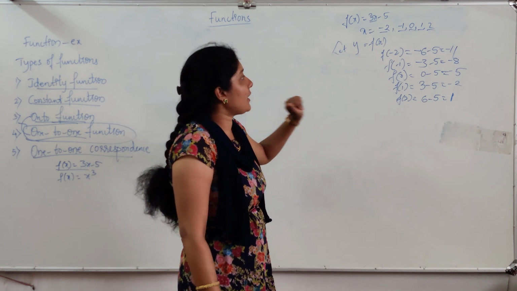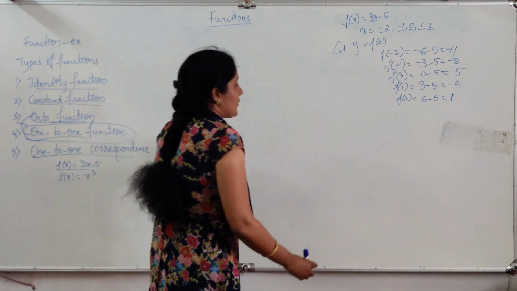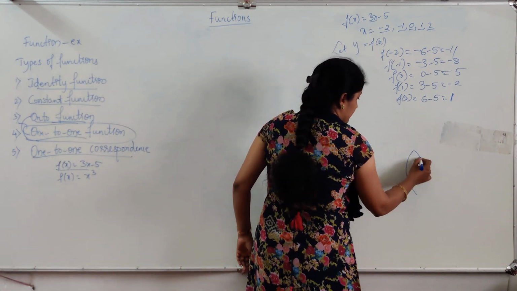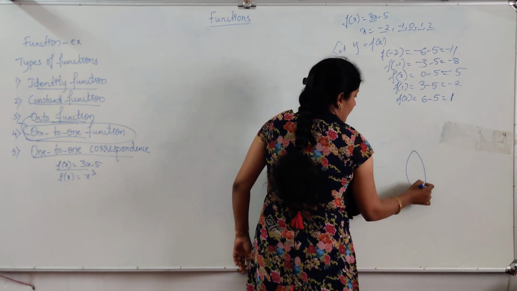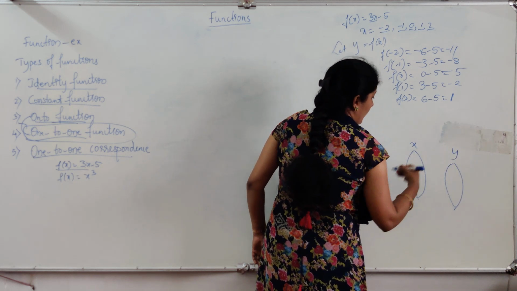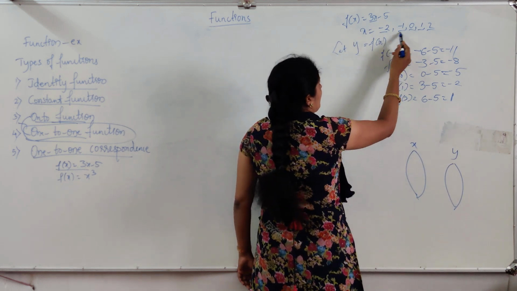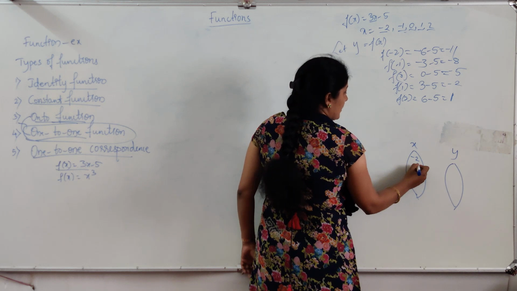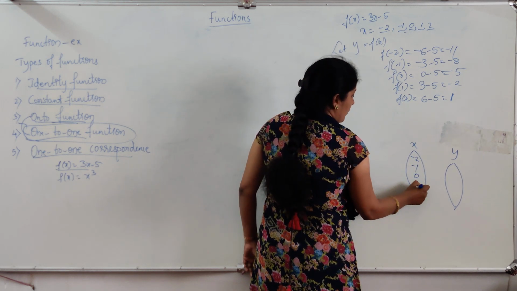Now we have to represent these values. So here, this is x and this is y. What are the x values we have? Minus 2, minus 1, 0, 1, 2.